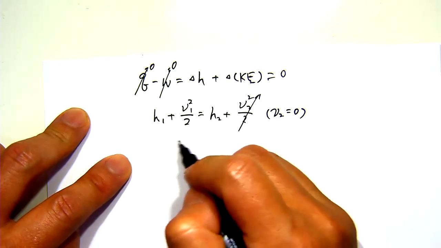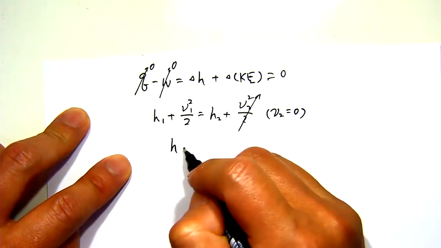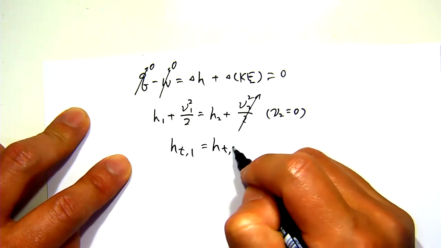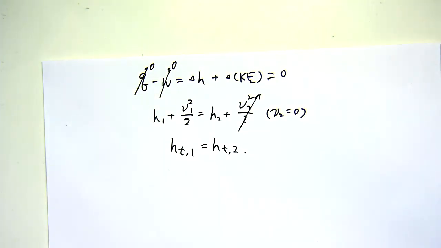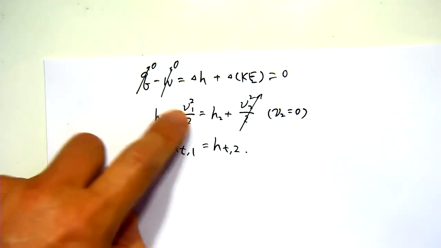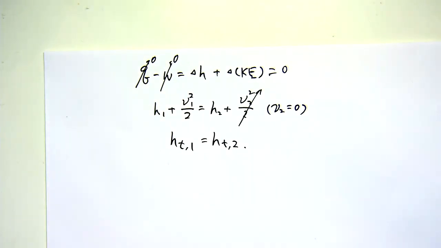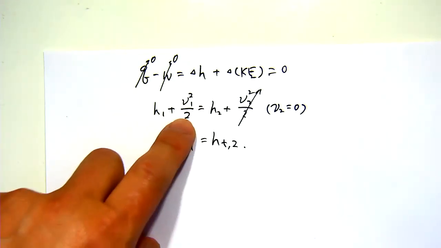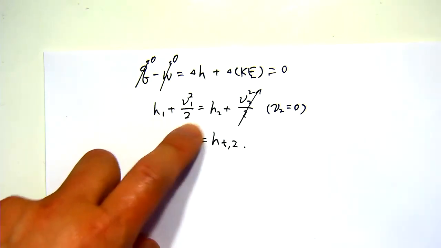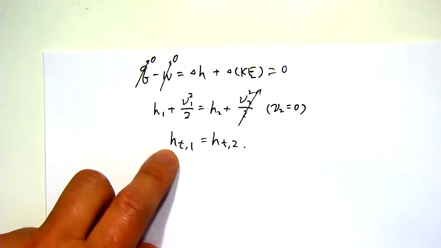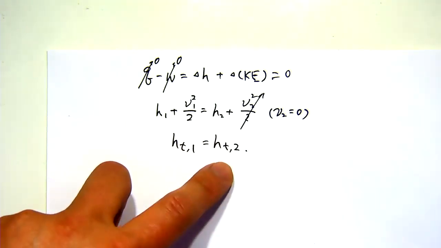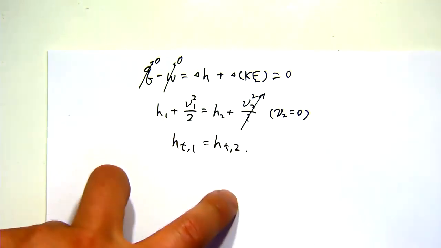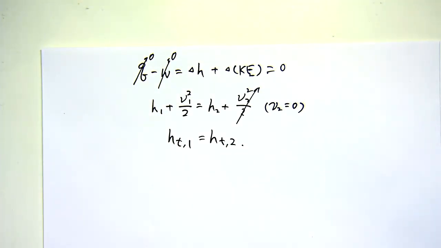So here we can say Ht1 equals Ht2. This is basically saying that from the process, if you define the stagnation enthalpy of state 1 as a combination of static enthalpy and the kinetic energy, you will have Ht1. And Ht2 will just equal its static enthalpy because it doesn't have any kinetic energy attached to it.